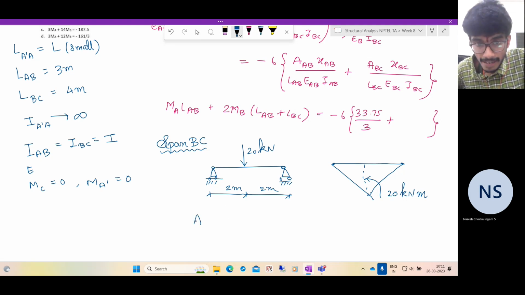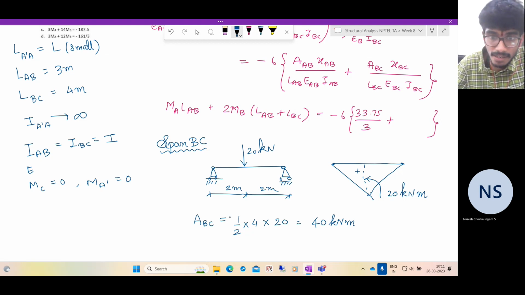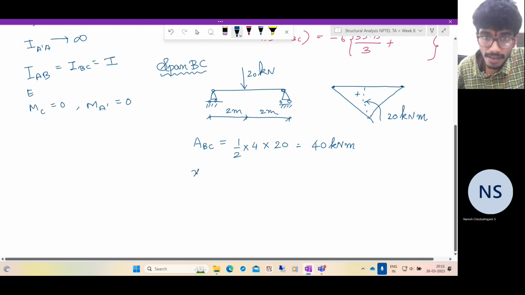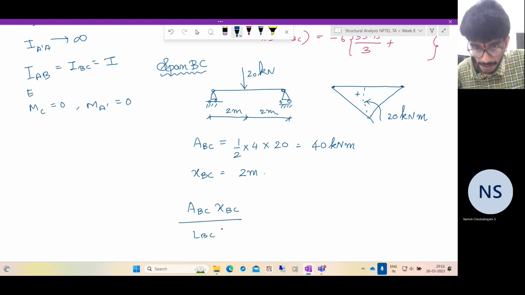So what is the area under the bending moment, ABC? This is positive. So it is half into 4 into 20. It's 40 kilonewton meter. What is XBC? XBC is the length to the midspan. So it is 2 meters. So what is ABC XBC by LBC EI?